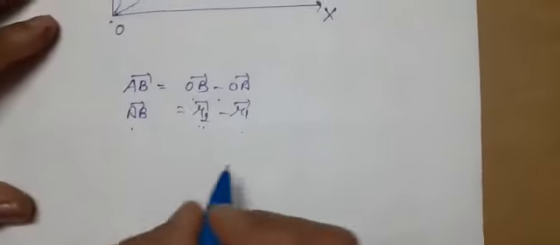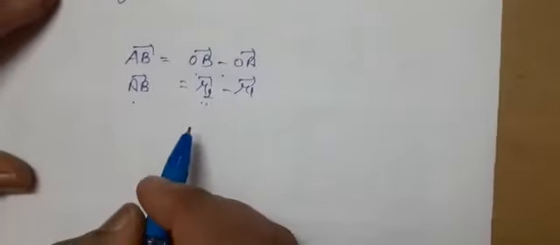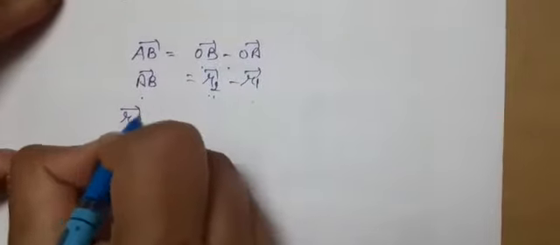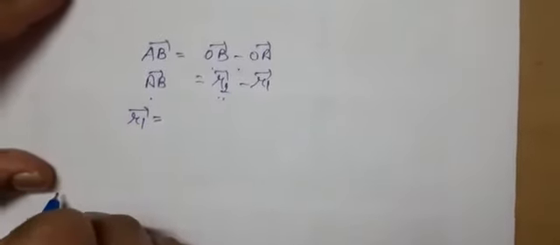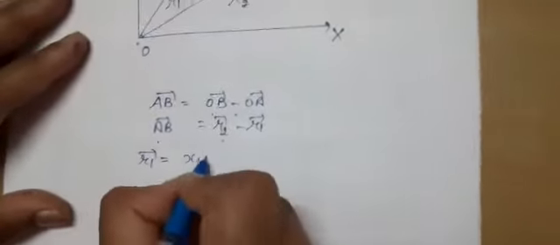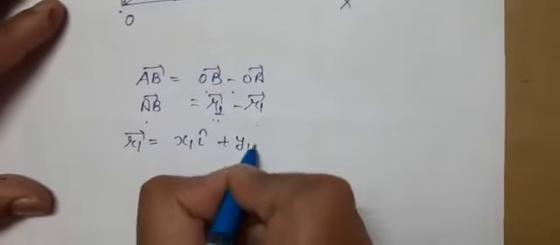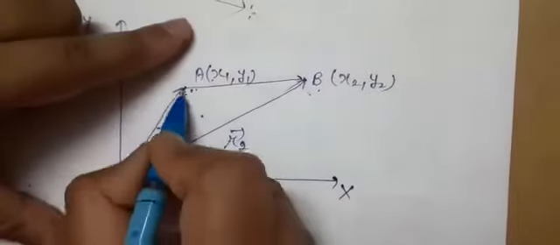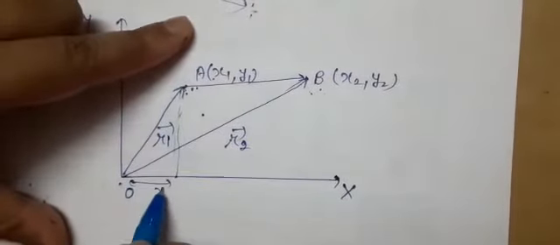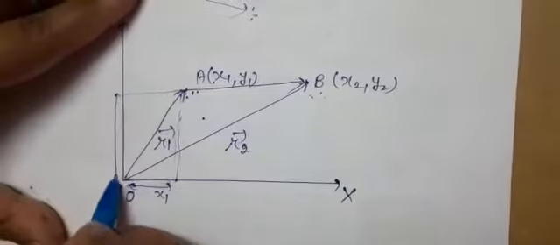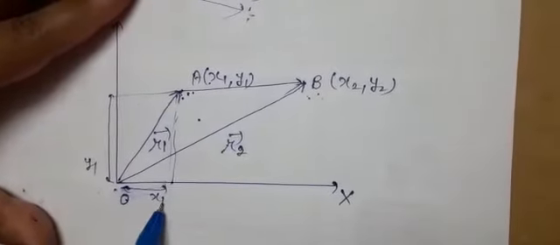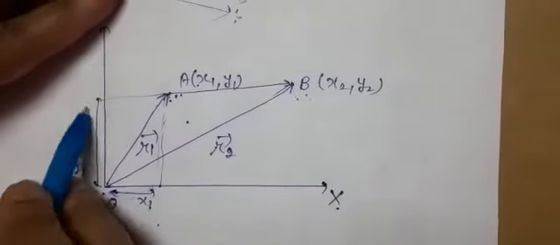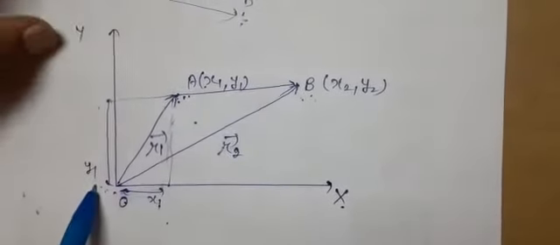Now, if we want to express it further in simple terms, with coordinates x1, y1, the initial position vector r1 is given by x1 i plus y1 j. As x1 is the x coordinate, this distance is x1 and this distance is y1. The x direction is represented by the i vector and the y direction by the j vector.